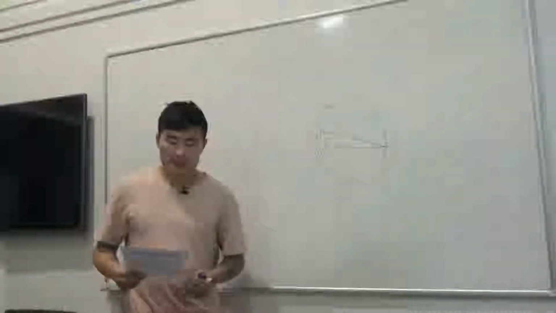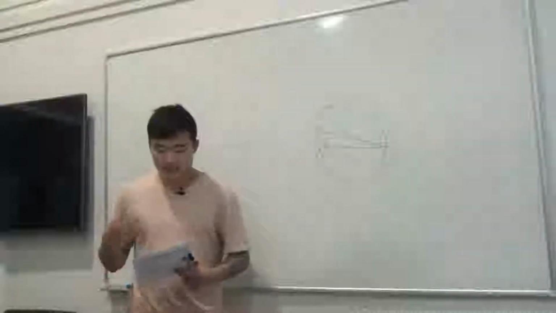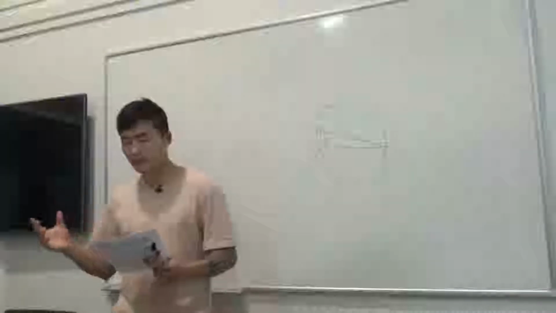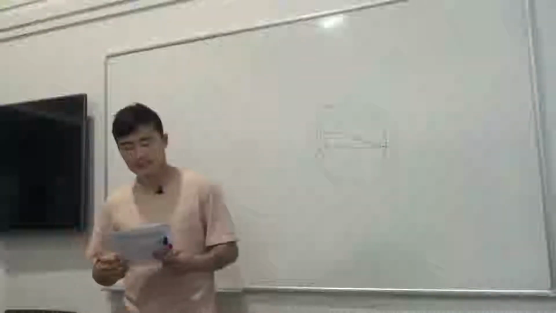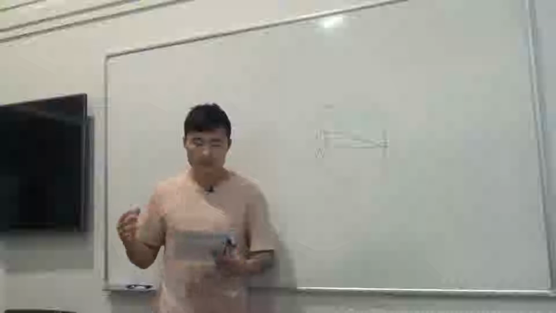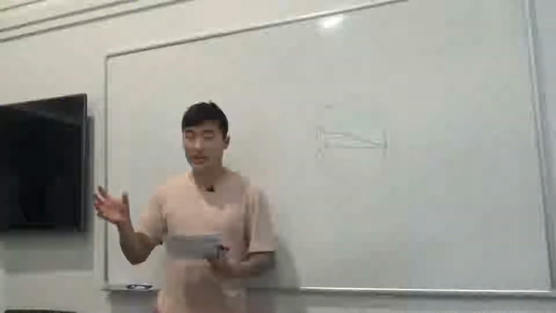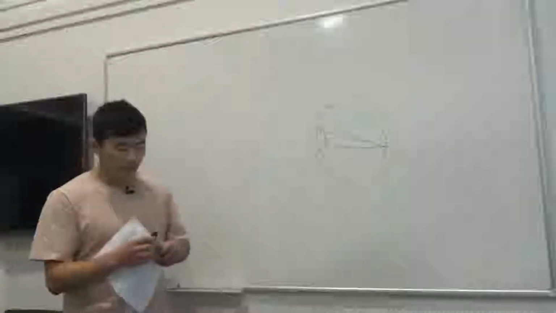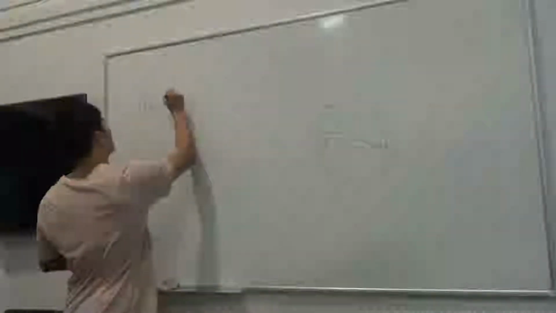So we want to find out the range of accommodation for this person's lens in diopters. So diopters is the unit of power for lenses, and what the range of accommodation refers to is the change in power between the near point and the far point. So you're going to have to calculate the power for the far point and also the power at the near point.